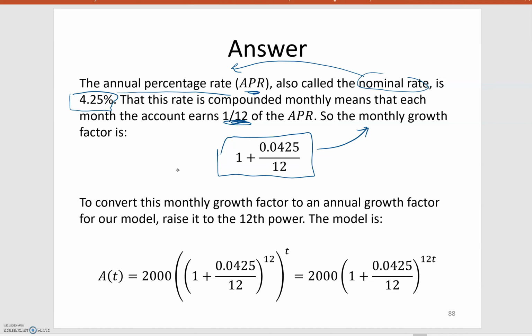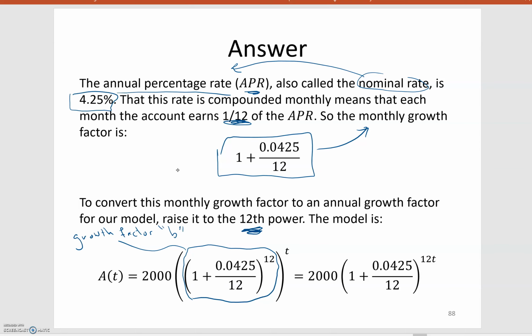So how do you convert a monthly growth factor to a yearly factor? Well, to go from monthly to yearly, we raise something to the 12th power. So we take this value and we raise it to the 12th power. Then this thing that's sitting inside here is actually my regular growth factor, B.